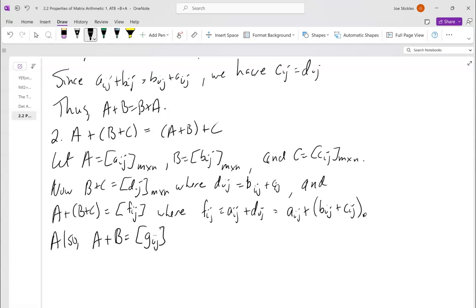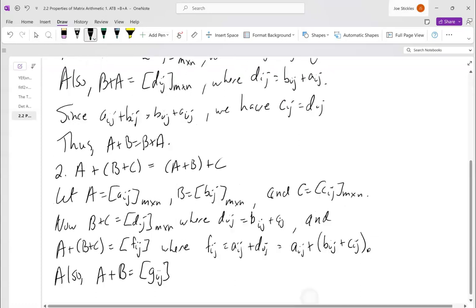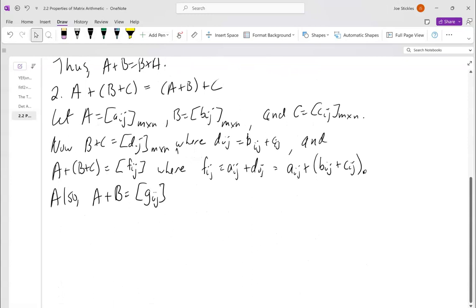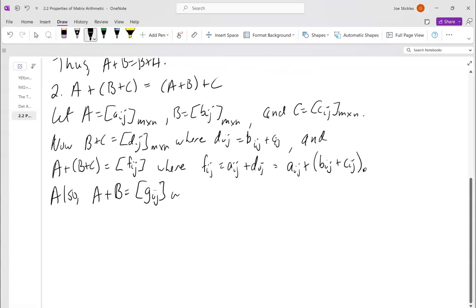Okay, going down the alphabet, I'll use a G for that one. How is G sub ij defined? Good, yep, we're adding the A and the B together, so it'll be A sub ij plus the B sub ij, good.